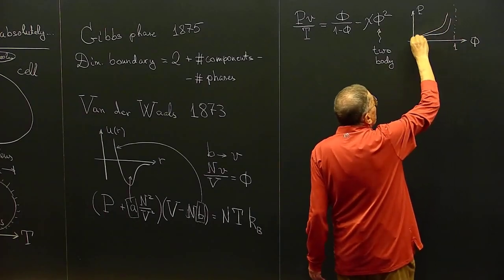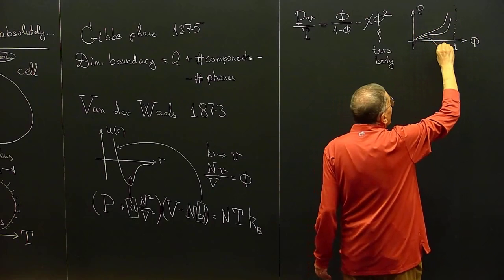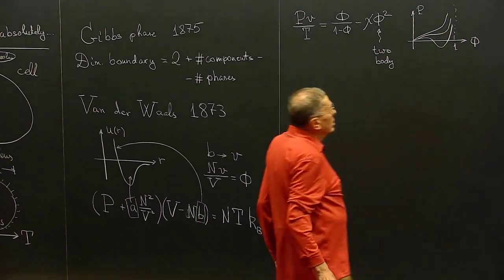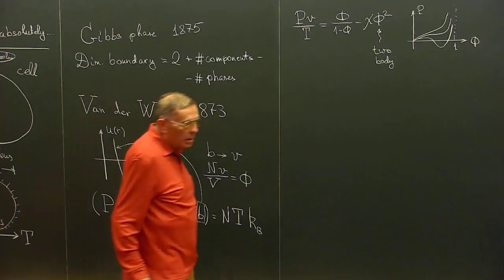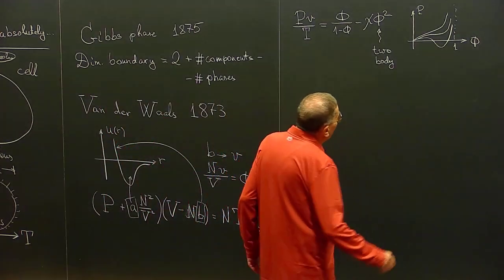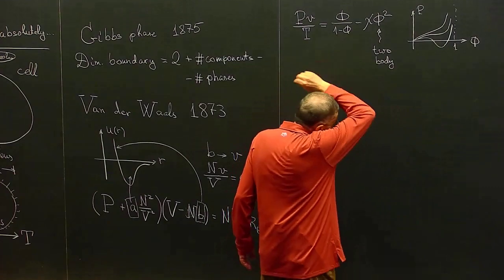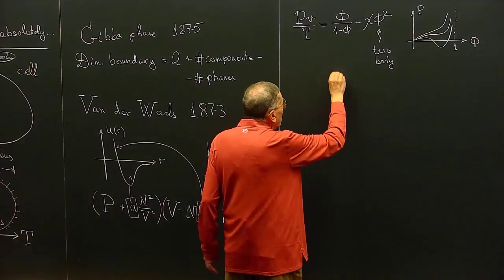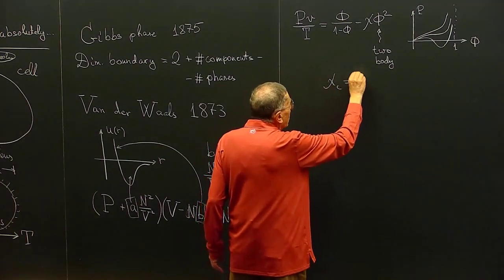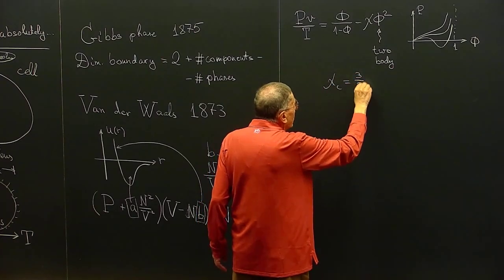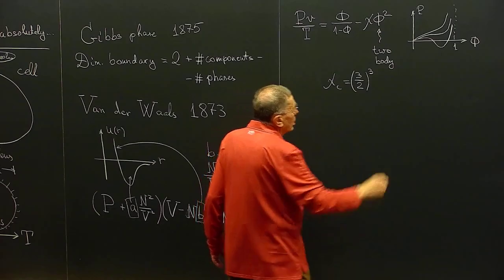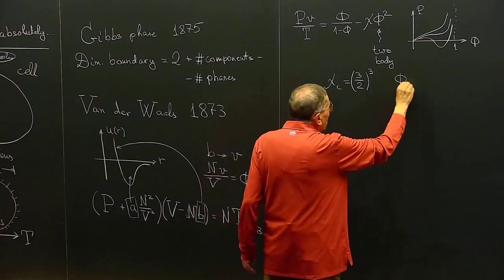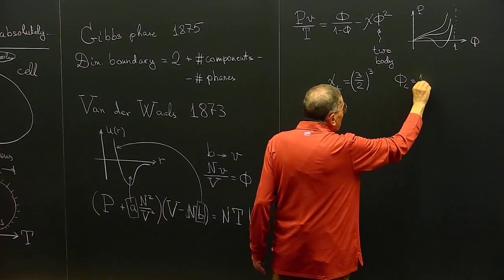Then there is a critical point, and then it goes like this. And yes, this theory does predict negative pressures when attraction is true. So the critical point corresponds to this chi parameter being (3/2) to the power 3, and critical density is 1/3.